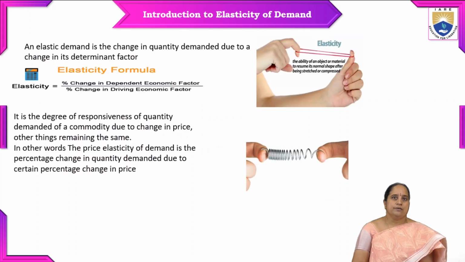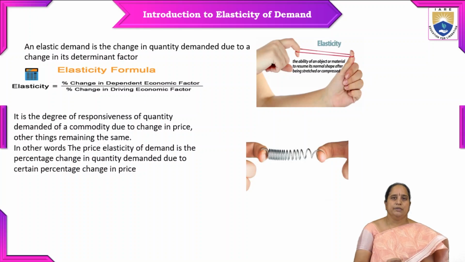Introduction to the elasticity of demand. An elastic demand is the change in quantity demanded due to a change in its determinant factor. This can be expressed by the formula: elasticity is equal to the percentage change in the dependent economic factor to the percentage change in the driving economic factor.